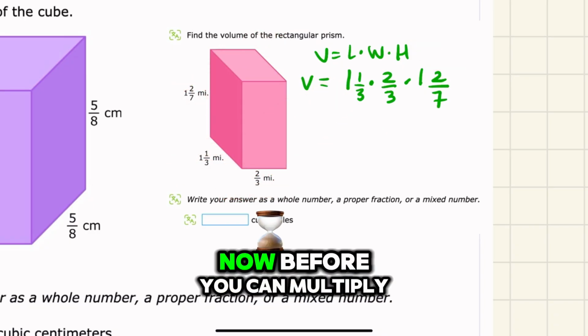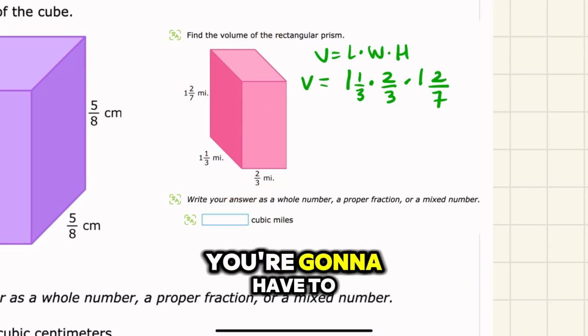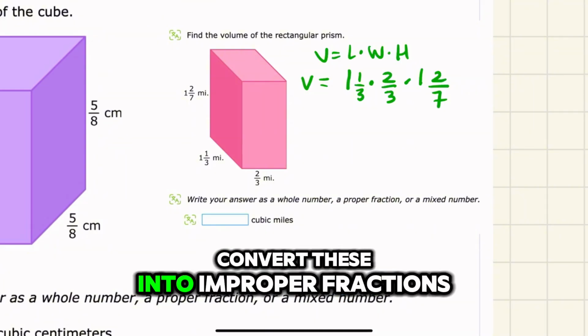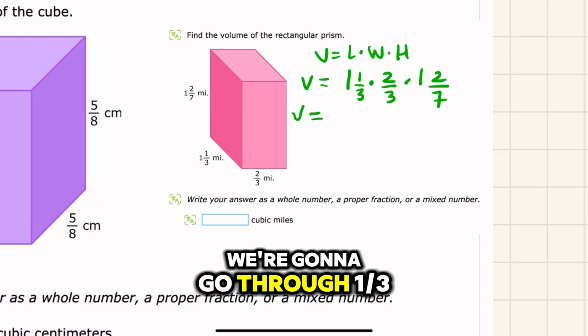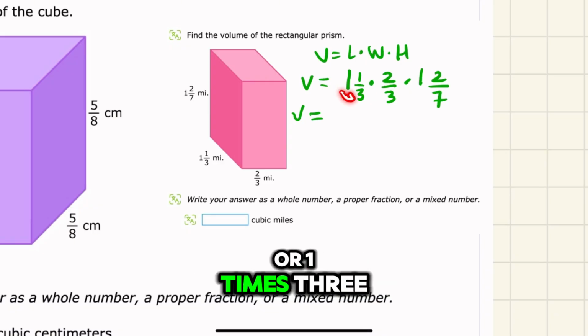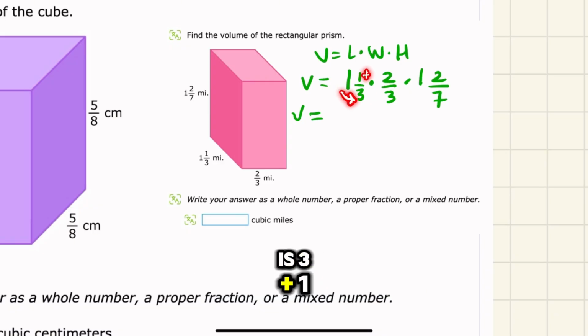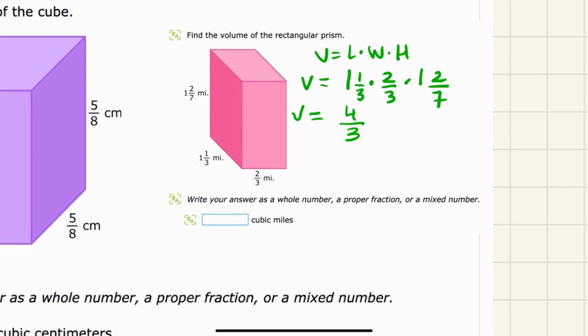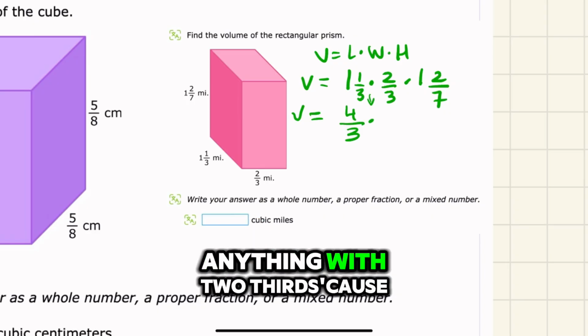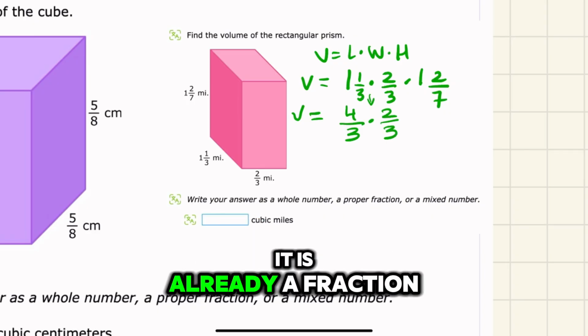Now, before you can multiply, you're going to have to convert these into improper fractions. So again, 1 1/3: 1 times 3 is 3, plus 1 is going to give us 4/3. So this one's just going to be 4/3. We don't do anything with 2/3 because it is already a fraction.